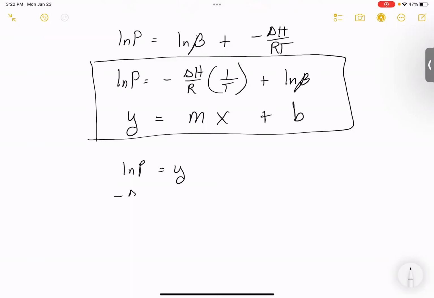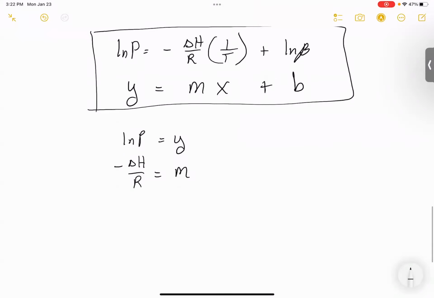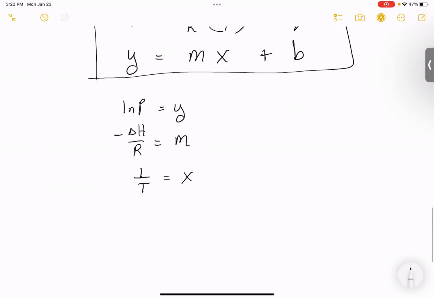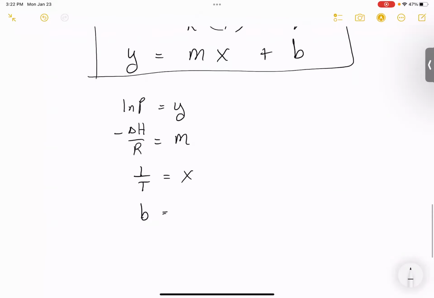Our negative delta H over R is equal to our slope of the line, M. 1 over T is equal to the x-axis. And B, our natural log of beta, would be our y-intercept.